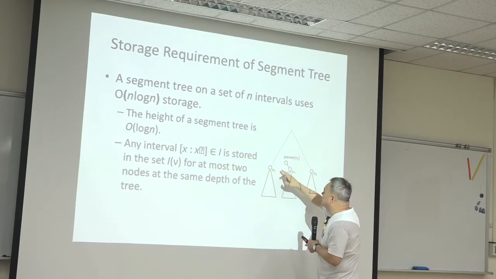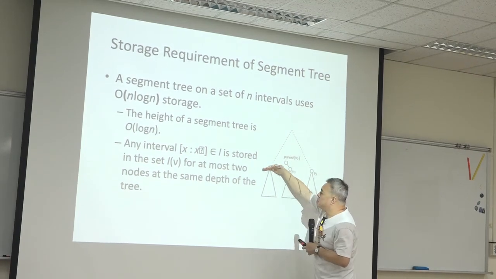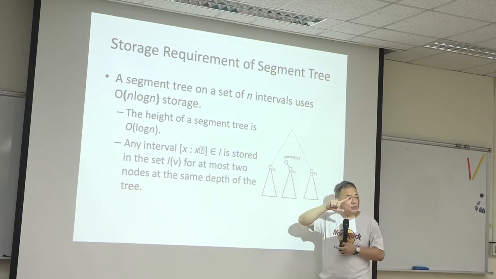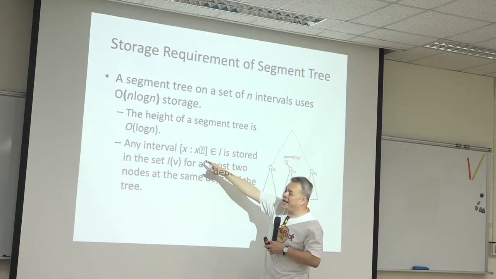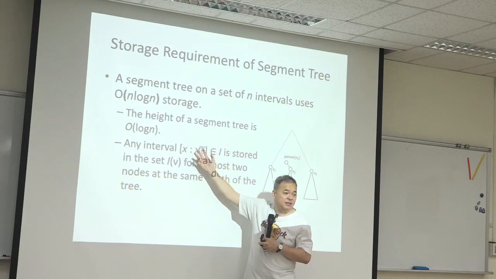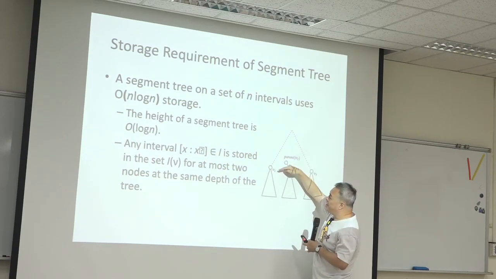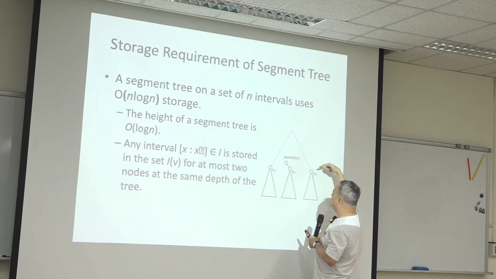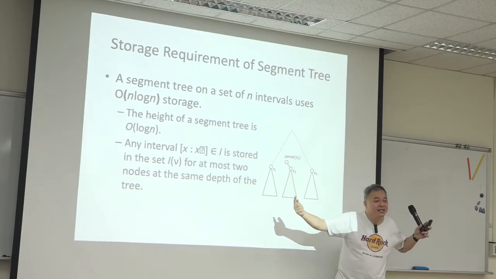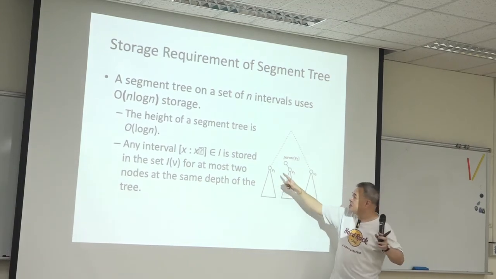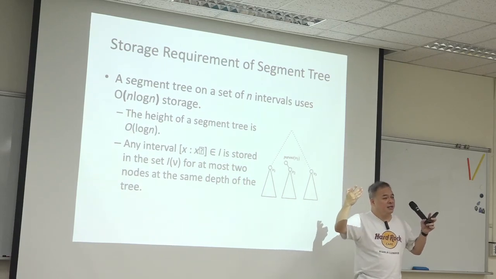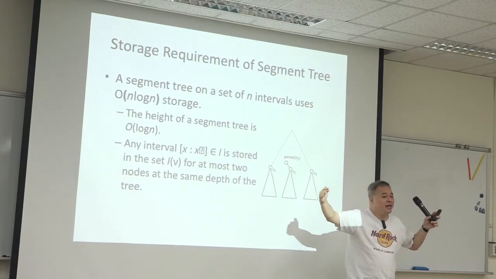If you have 3 nodes at the same level that store the same interval, call it I, say V1, V2, and V3, then because this interval is continuous, these 3 nodes must be next to each other at the same level.